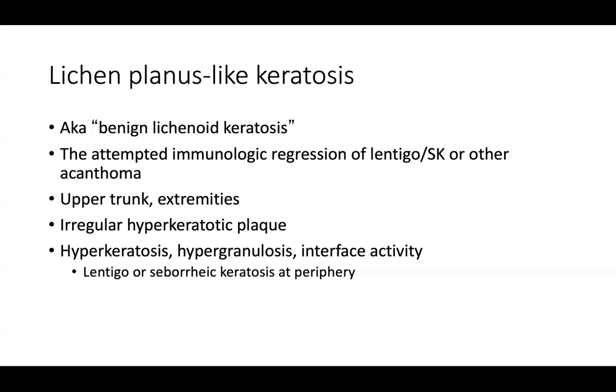And so that's why if the clinician's worried about a pigmented lesion, then I'm really going to do the stains and make sure I'm going to do SOX10 and PRAME and look for any kind of hidden melanocytic malignant proliferation within that. You're going to see this on the upper trunk and extremities most often as a regular hyperkeratotic plaque.